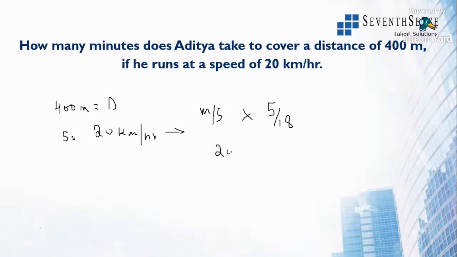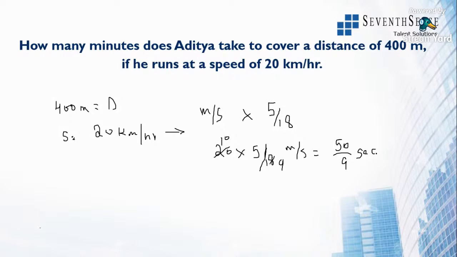So this becomes 20 into 5 by 18 meter per second. If you solve this, it will be 50 by 9 meter per second.